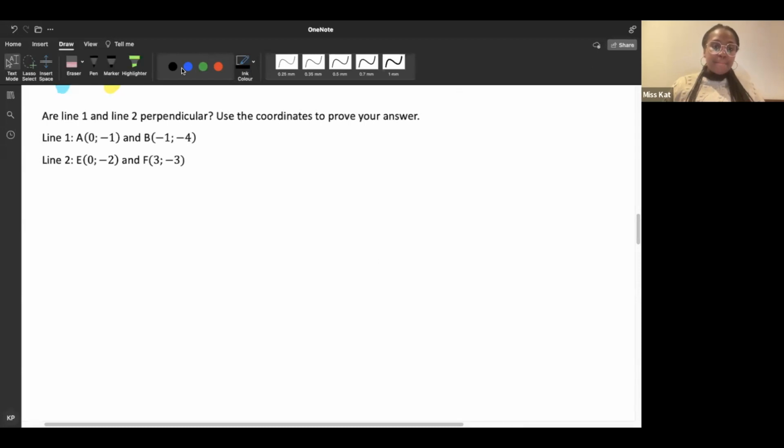Hi, ma'am. So, ma'am, can I find the gradient for line 1? Yes, for line 1. The formula is m is equal to y1 minus y2 over x1 minus x2. So now we substitute.